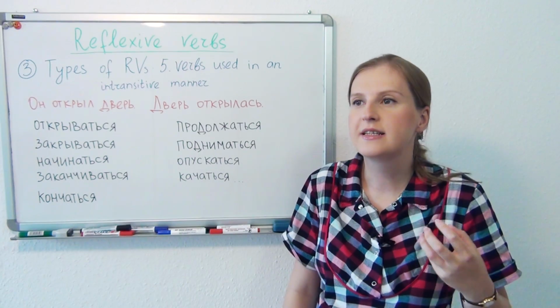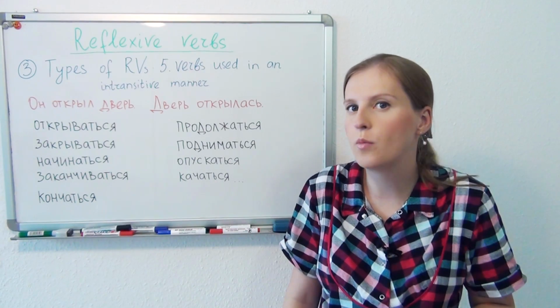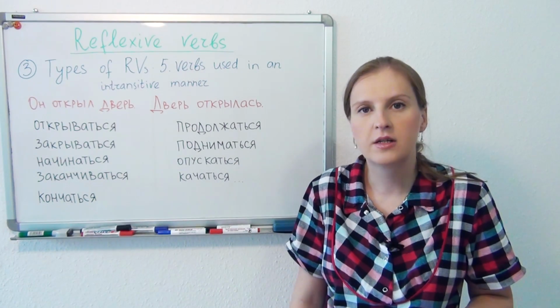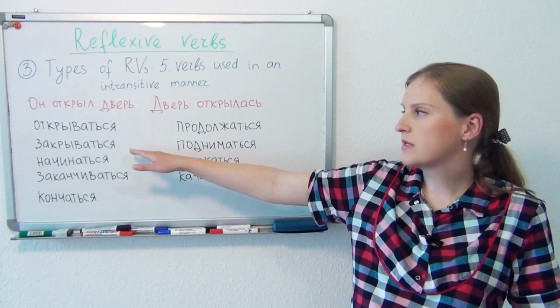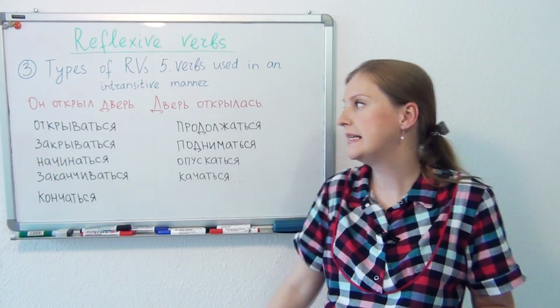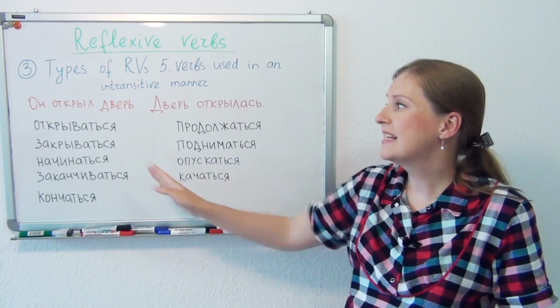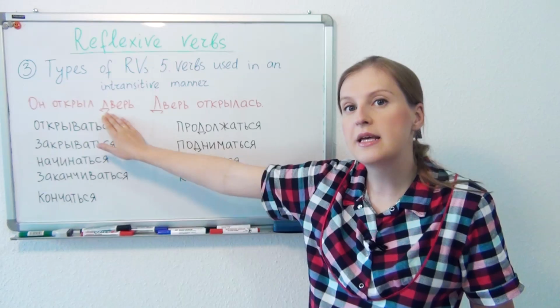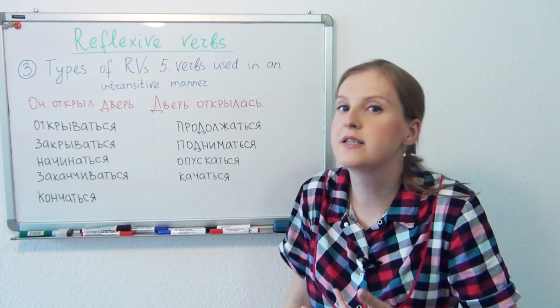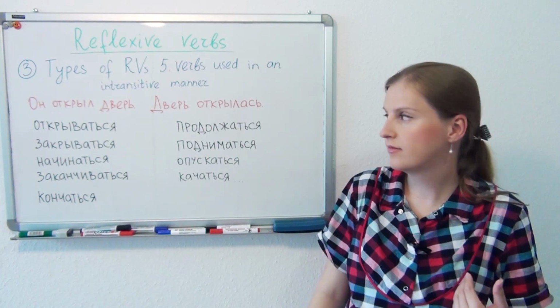So we do not need to know who opened the door. It just opened itself. Or something ended itself, and so on. Here we need to use these verbs, and they are reflexive. We can say открывать, but then we say what. Открывать что? What to open.